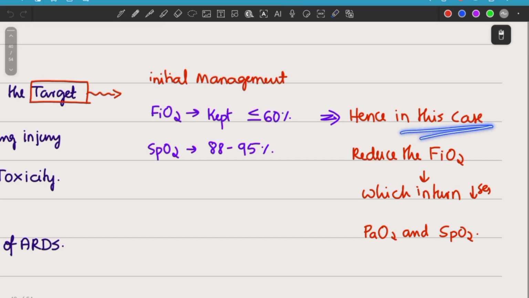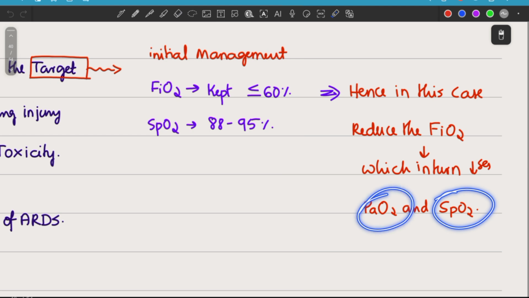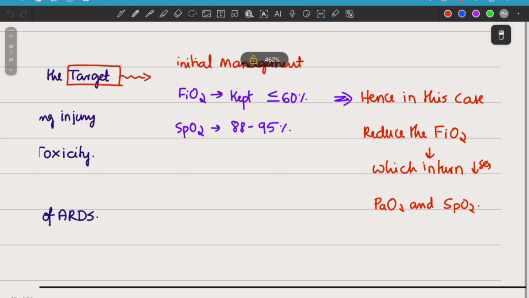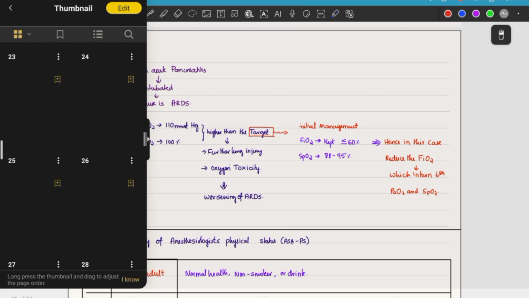And in this case, FiO2 is 95, they have given. So we will decrease it. When FiO2, the fraction of oxygen we are giving to the patient, is decreased, then the SpO2 and PaO2 will automatically decrease.